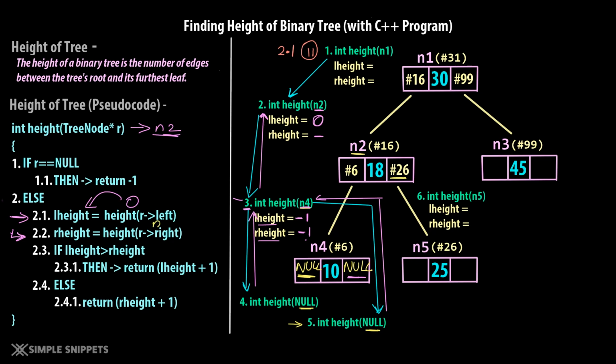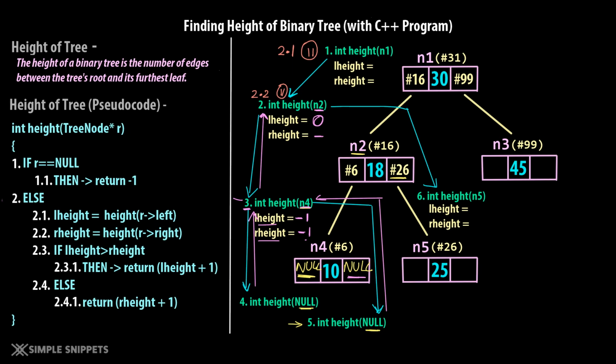So we are passing n5 over here, and we are giving a recursive call. You can see the sixth recursive call is being given from this second function call, and we are passing n5. So this second function call will now again go into a pause state at step number 2.2. So this time it is paused at step number 2.2, correct? Now let's begin with the execution of this sixth function call.